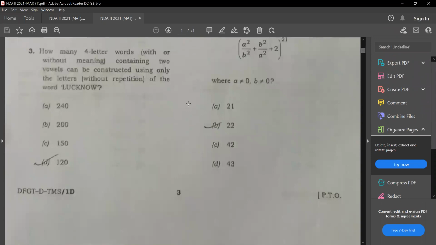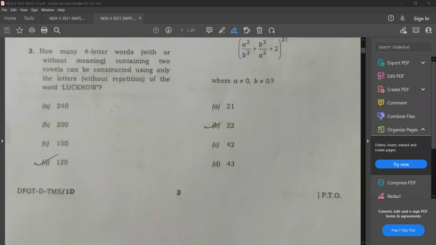How many four-letter words without meaning containing two vowels can be constructed using only the letters of the word Lucknow? Okay, so here the answer is 240. Answer is 240 because you have how many letters here? You have totally 7 letters, isn't it?